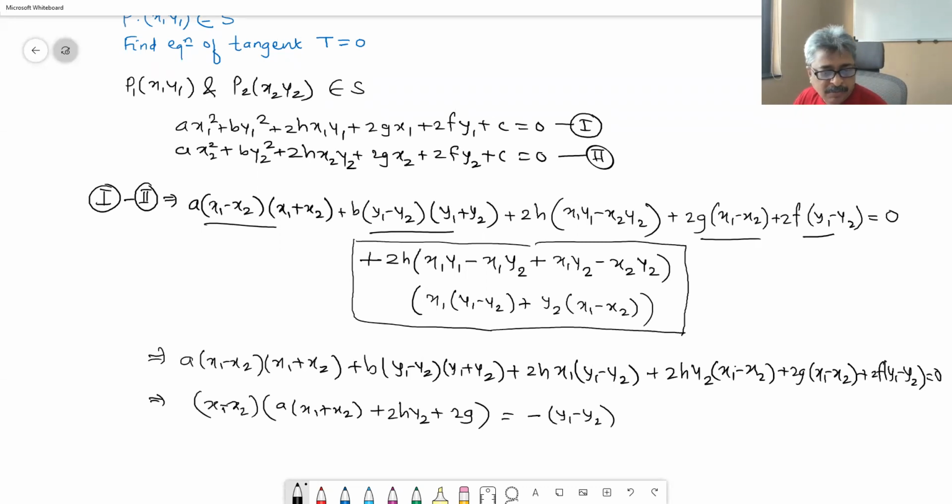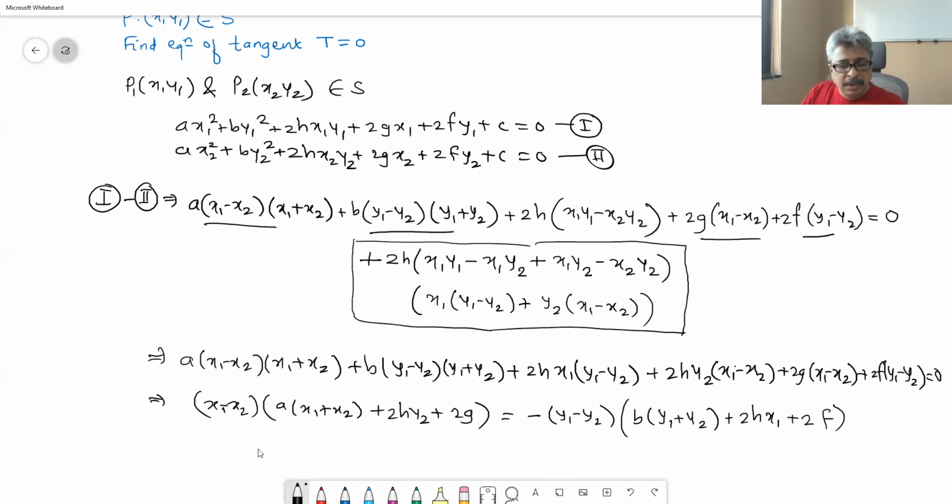So the minus sign is absorbed, therefore we need not worry now. The first bracket is b into (y1 plus y2). Second bracket is plus 2hx1. And the third bracket is plus 2f.